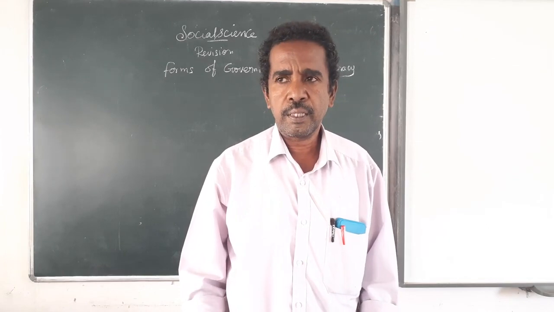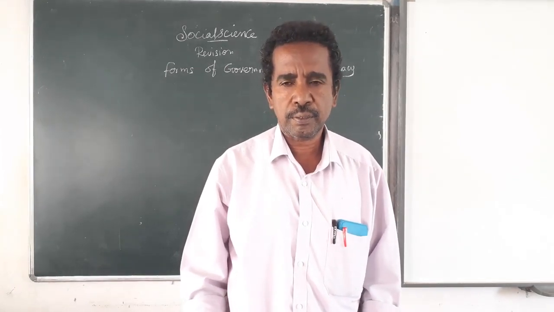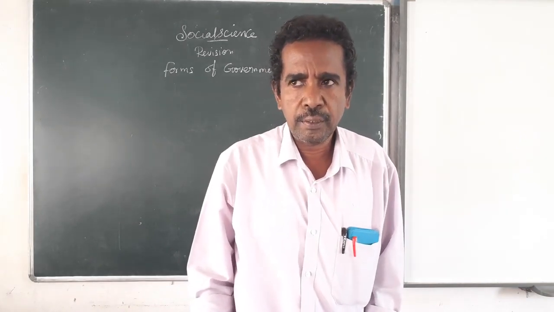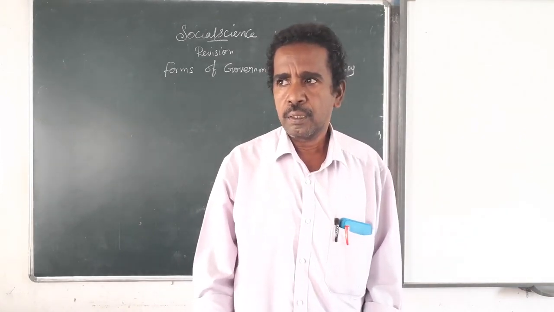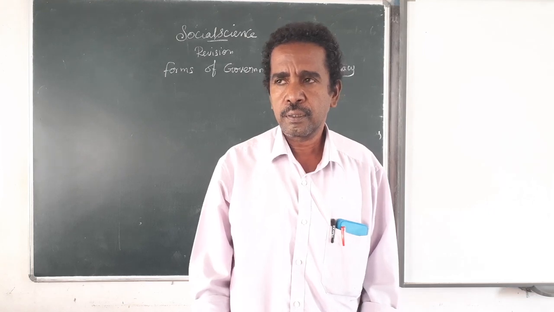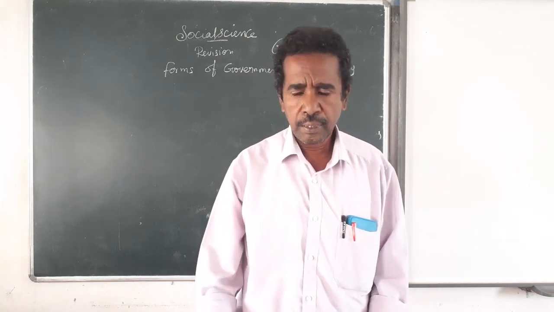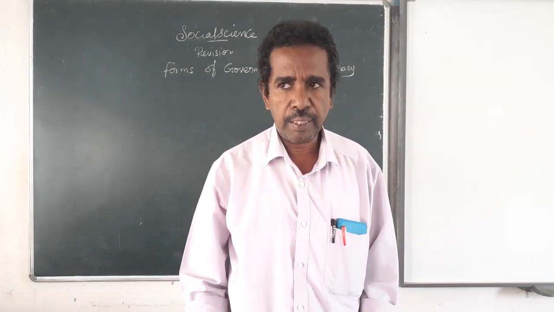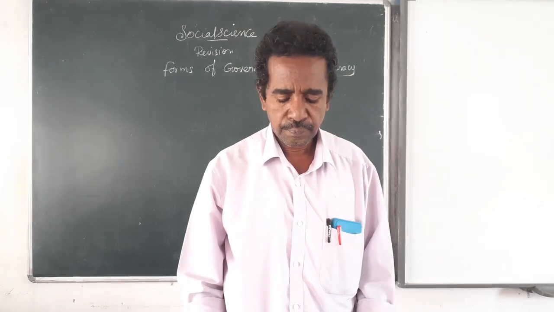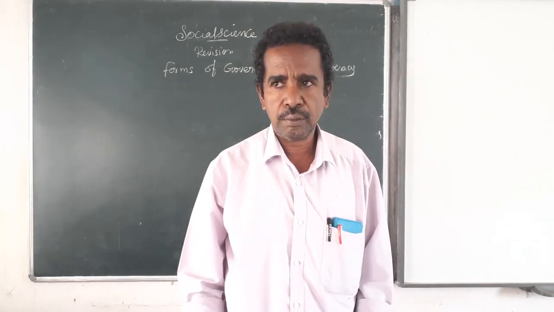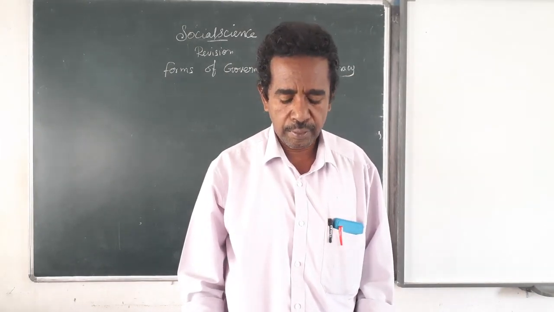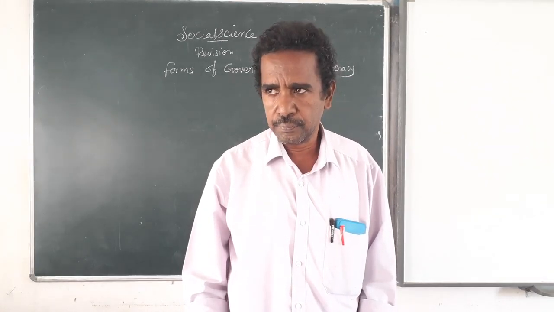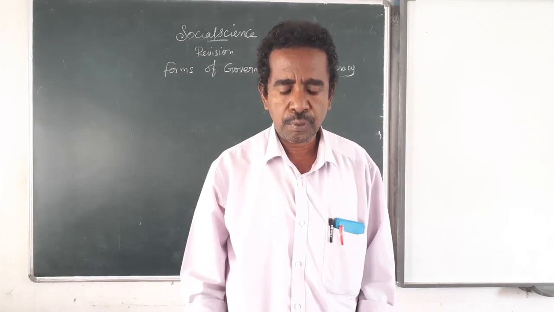To cast the vote, the name must be in the electoral list. Enroll your name in the electoral list when you attain the age of 18. Then the person can cast the vote at the time of election. Age is the only criterion to cast the vote in India, that is 18.